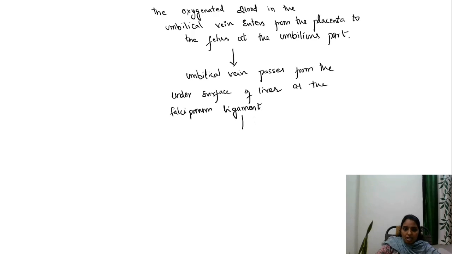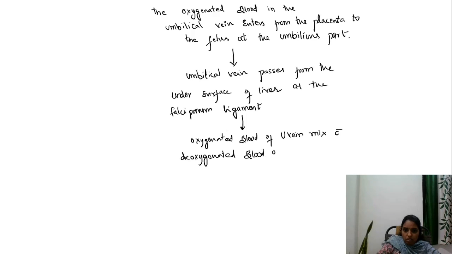From there, the oxygenated blood of the umbilical vein mixes with the deoxygenated blood of the portal vein.